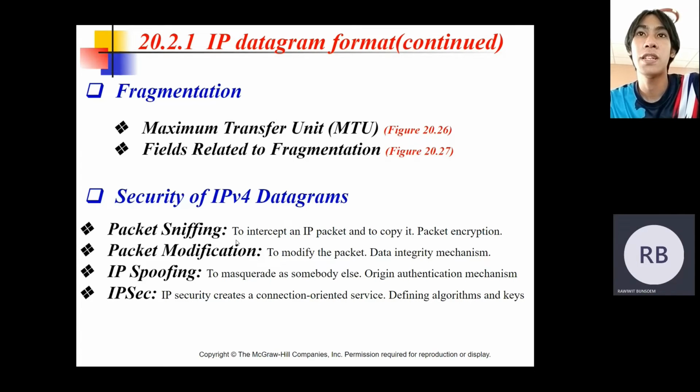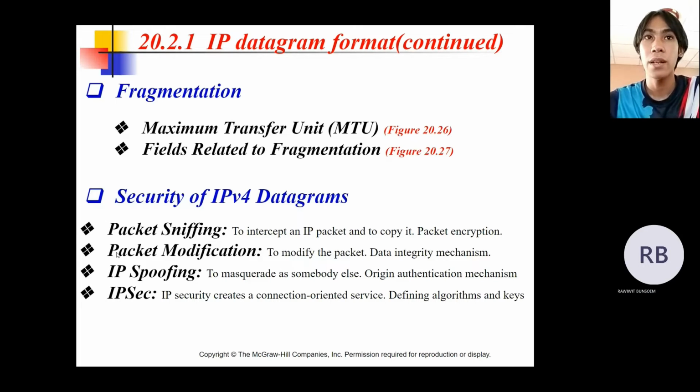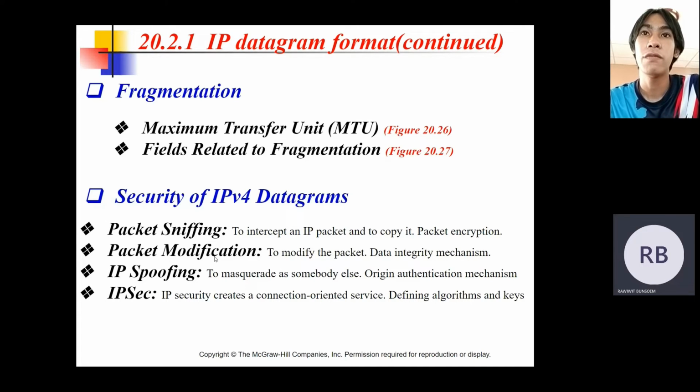Packet sniffing is to intercept an IP packet and copy it; the defense is encryption. The next, packet modification, is to modify the packet data; the defense is an integrity mechanism.